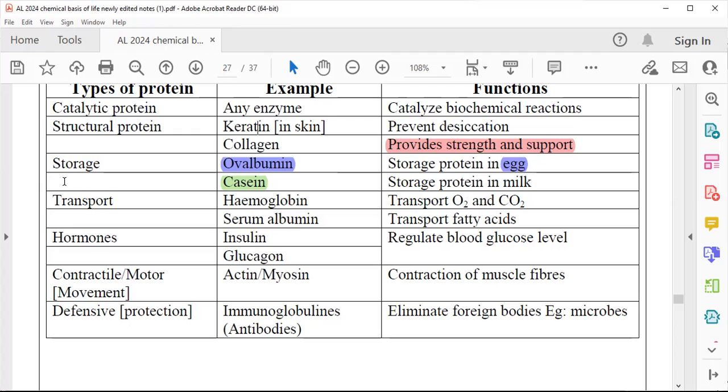What is the work of antibodies? Eliminating foreign agents. For now, foreign bodies means microbes.